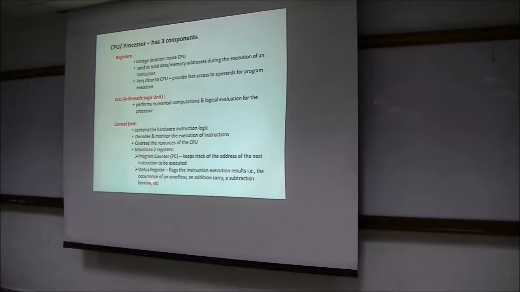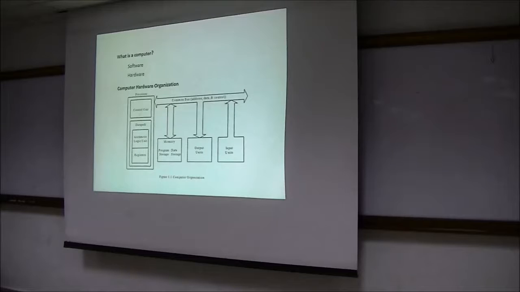This one is quite famous, they have asked this. So what does it mean by contains the hardware instruction logic, decodes and monitors execution of instructions, and oversees the resources of the CPU? I'll try my level best to explain it as simply as possible now for you to get the broad picture.